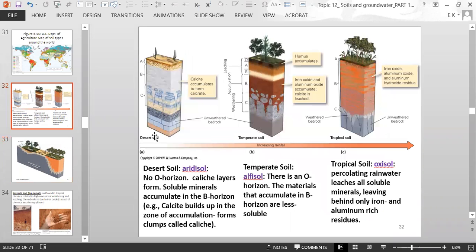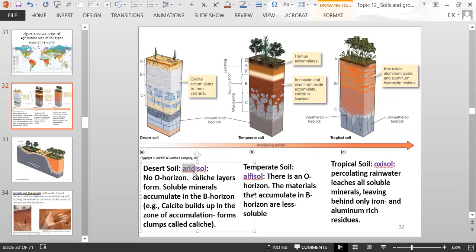Okay, so that brings us to this. You have a desert soil profile. Desert soils are Aridisols. Okay, the word arid is in there. Arid means dry, a dry climate. So there's not really any O horizon. You have something called caliche.